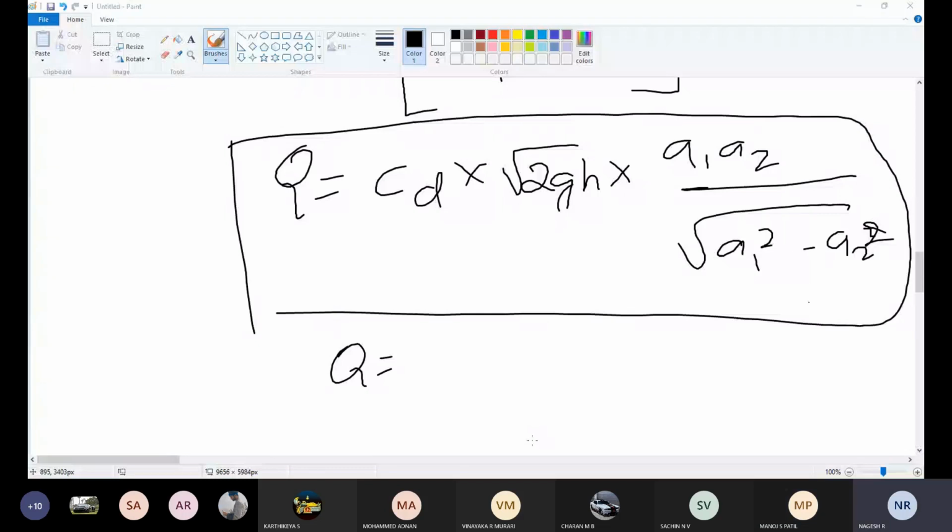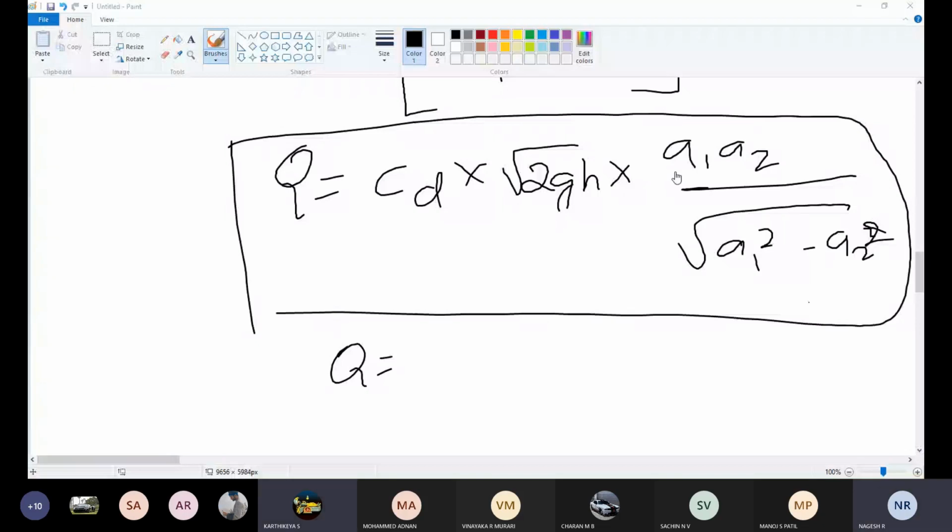What is the A1 value you got? A1 is 706.858.